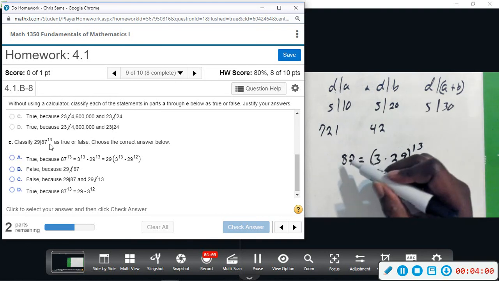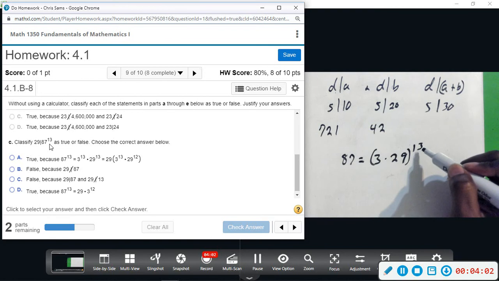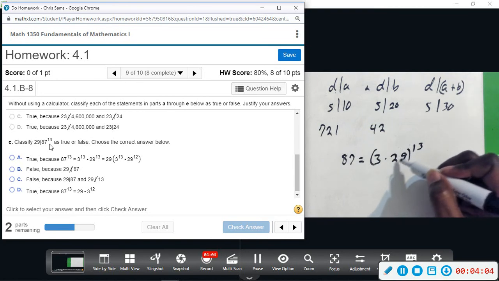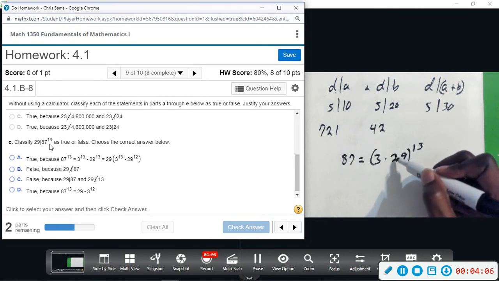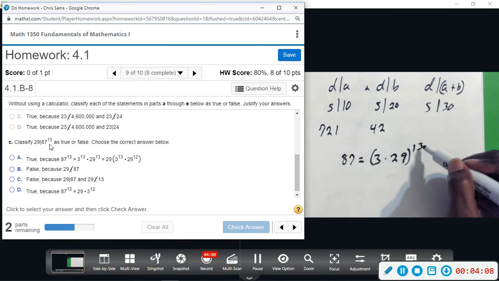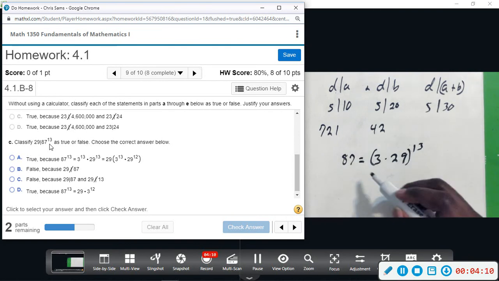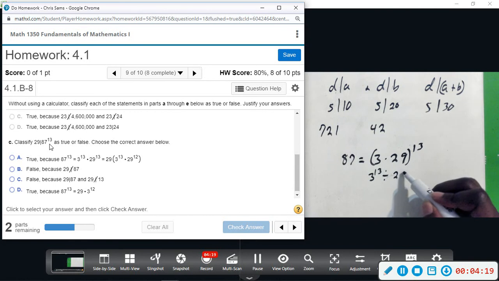This is definitely going to be divisible by 29 because it's just 29 to the 13th power. So if 3 to the 13th is divisible by 29, then so is that number. So that's where that 3 is coming from.